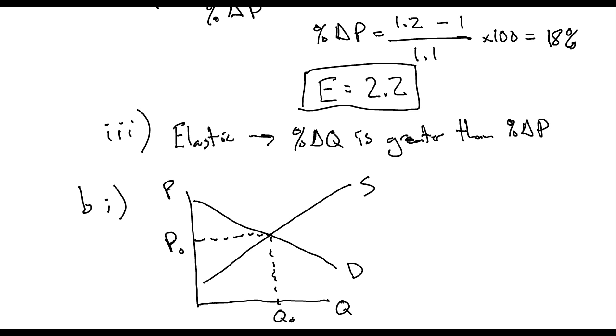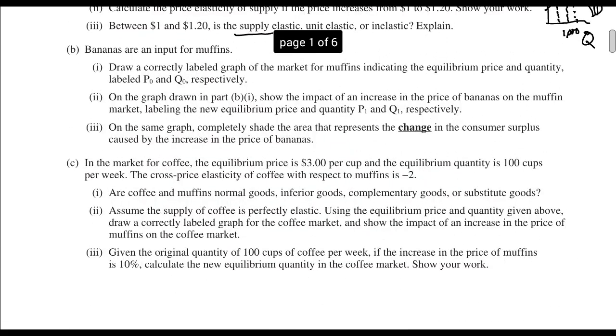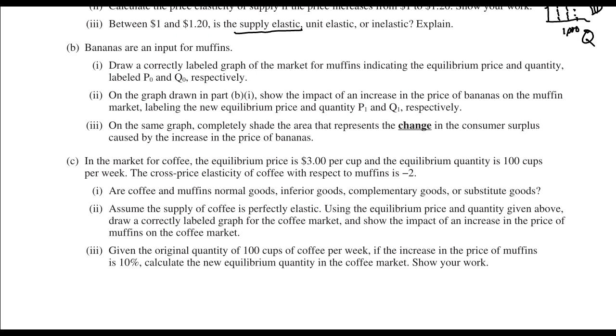Alright, there's part A. Second thing it says, on the graph drawn in part B1, show the impact of an increase in the price of bananas on the muffin market, labeling the new equilibrium price and quantity P1 and Q1.